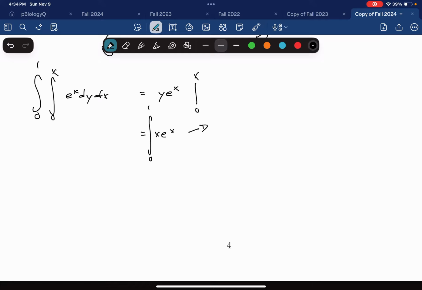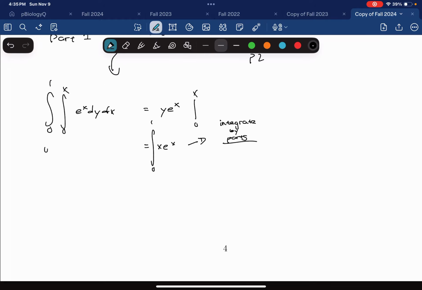Now you have to do partial integration. I mean, not partial integration. Integrate by parts. So in this case, I'll set my u equal to x. So my du is just 1. And my dv is e to the power of x, which means my v is just e^x.